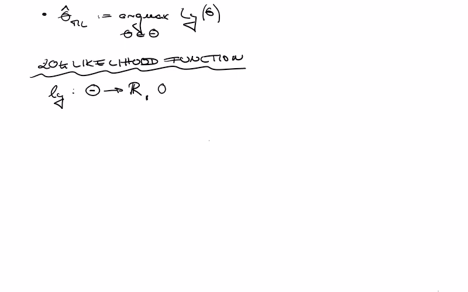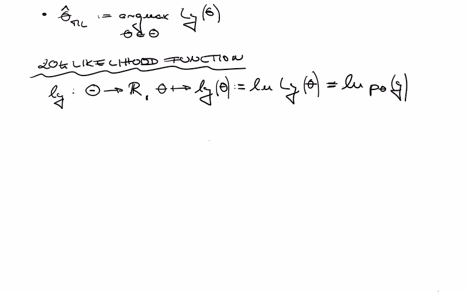It maps parameters onto values, and it is of course dependent on the data, as was the likelihood function, and is defined as the natural logarithm of the likelihood function. Which is of course the same as the natural logarithm of the probability of the data for fixed values of theta, or in more specific cases, of course, the probability density.